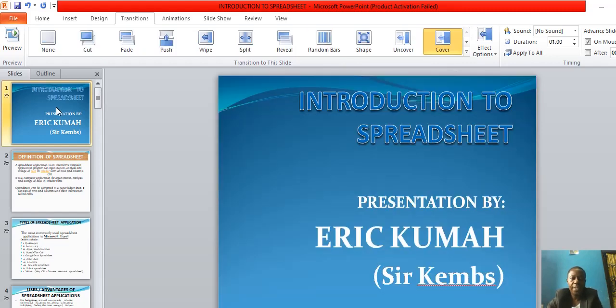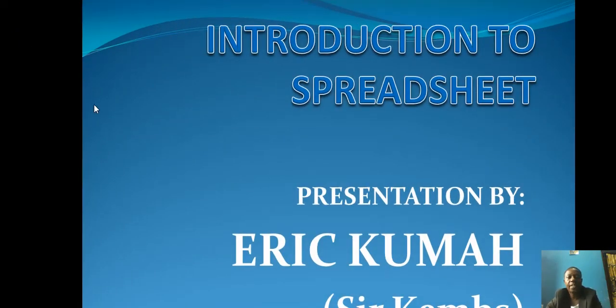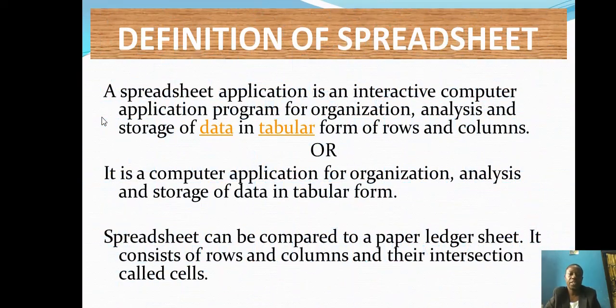So back to our slide 1. Now I want us to look at how these transitions take effect, moving from one slide to another. We're starting. That's the first transition that appears, and upon clicking, that's the second transition that you could see.